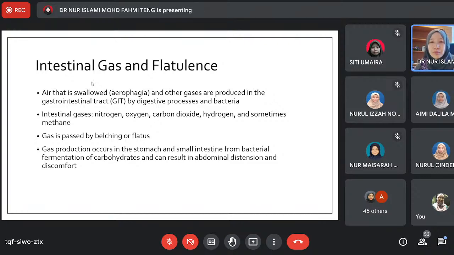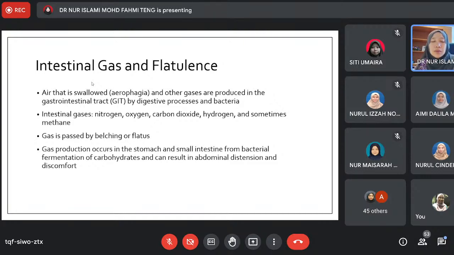Another thing that can lead to increased gas is the way you eat, eating in a rush, binge eating, which will also increase intestinal gas.